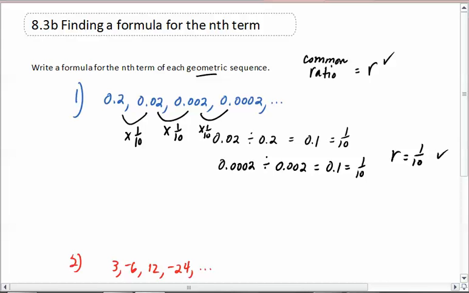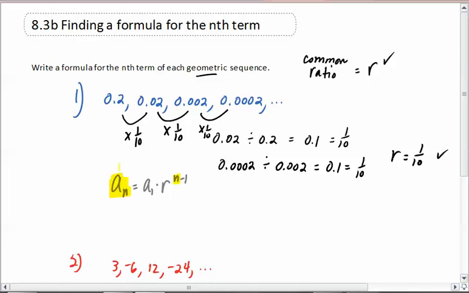Now, once I get the common ratio, I'm ready to actually use the formula for the nth term of a geometric sequence. a sub n is a sub 1, provided that we do have a sub 1, times r to the n minus 1. Now there's the formula. I'm going to highlight the things that you're really not going to mess with: the n and the a sub n.